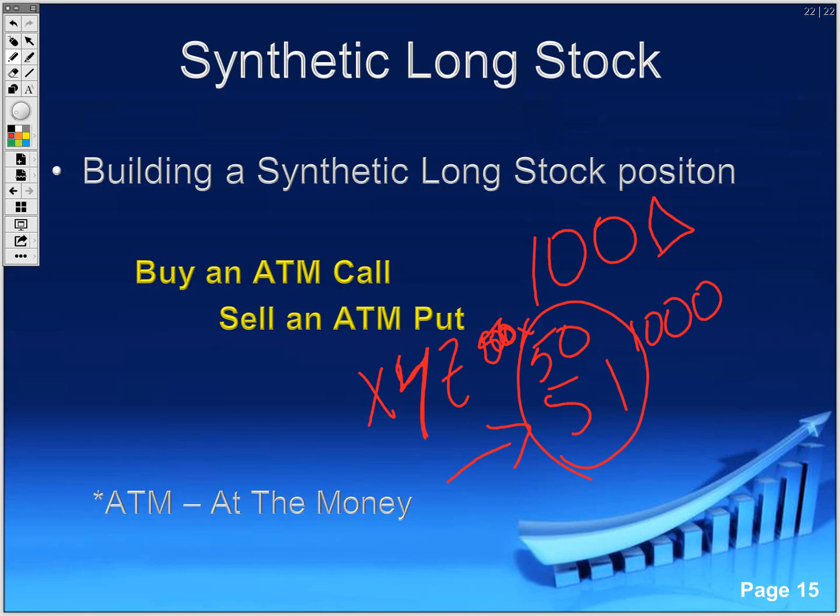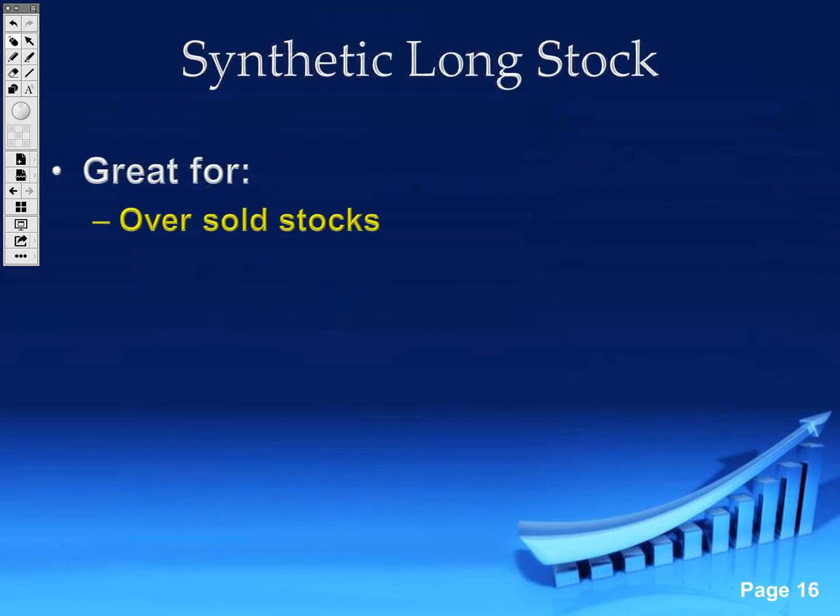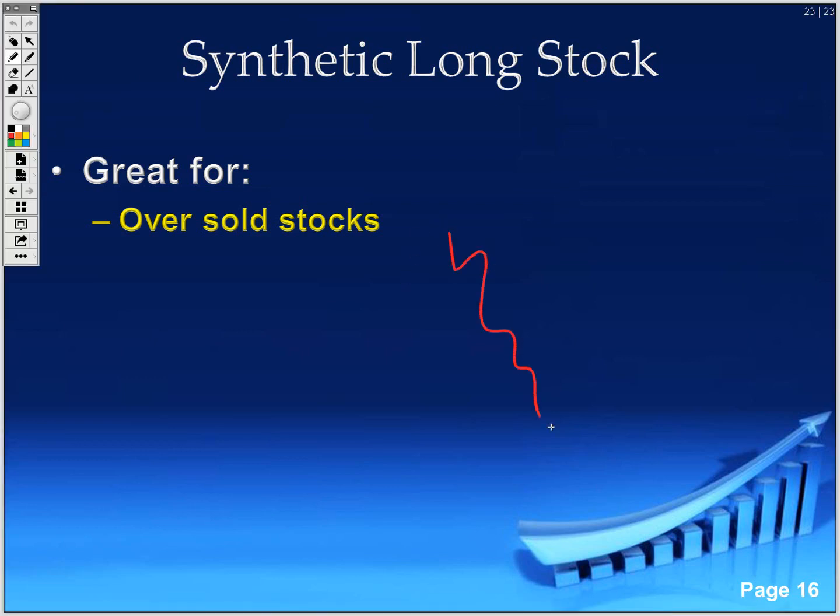Now remember, one thing with options is a one lot is equivalent to 100 of the underlying, okay? Don't forget that. All right, synthetic long stock is great for oversold stocks, right? We get a market that starts precipitously going down. Maybe you were like, okay, that's 1, 2, 3, 4, 5 moves down. Now we've got an A, B, C move up, right?